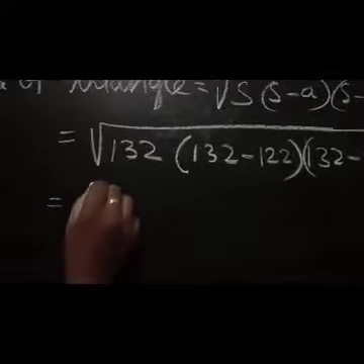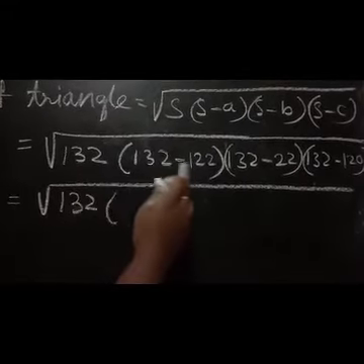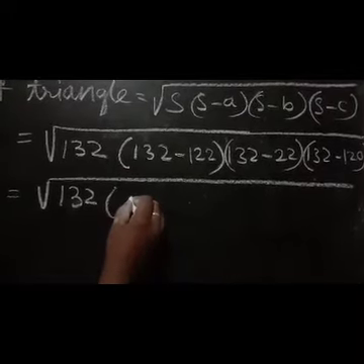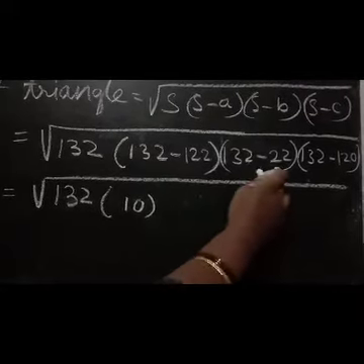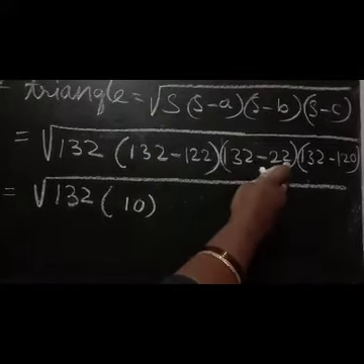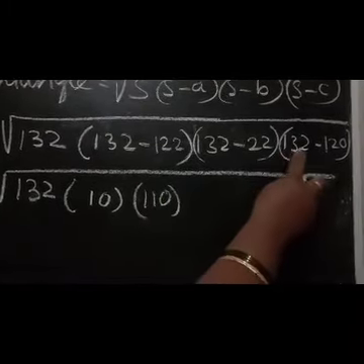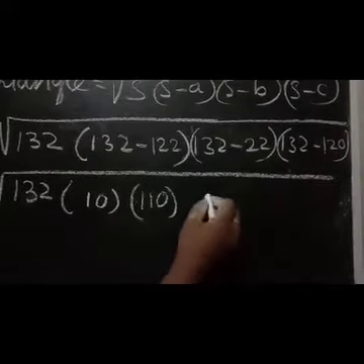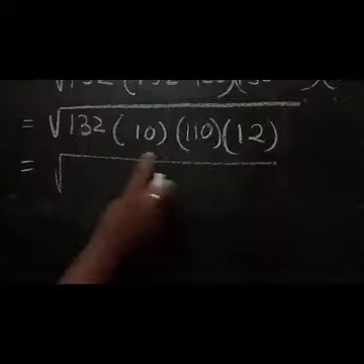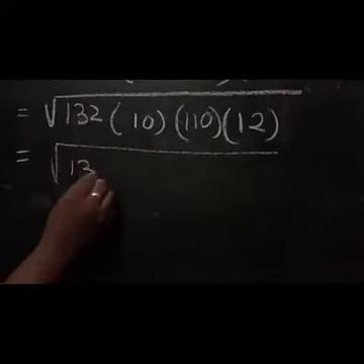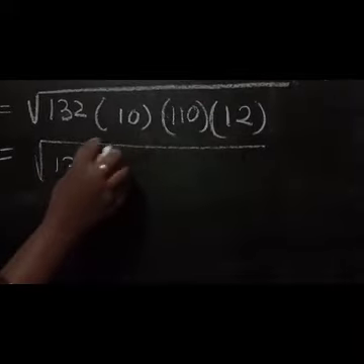So we have here square root of, here we have S value is 132. 132 minus 122 is 10. Here we have 132 minus 22 is 110. Here 132 minus 120 is 12. Square root of this, all will multiply. 132 into 10, 1320 it will become.